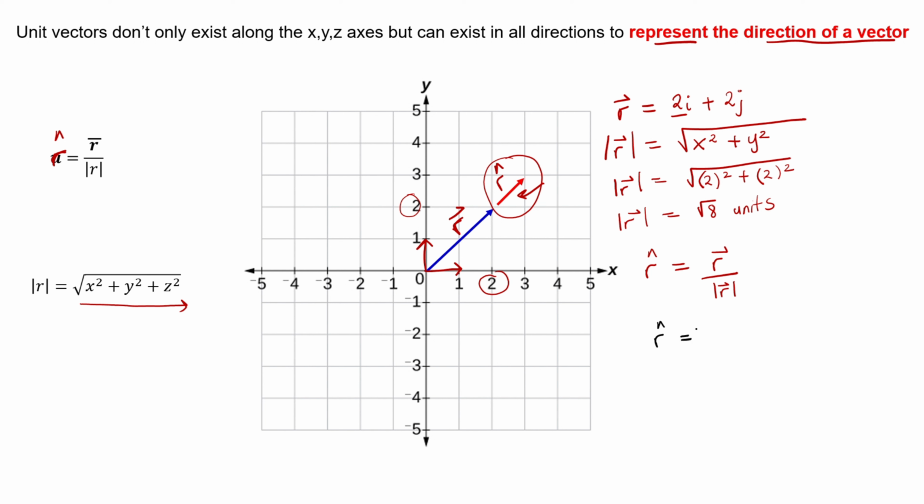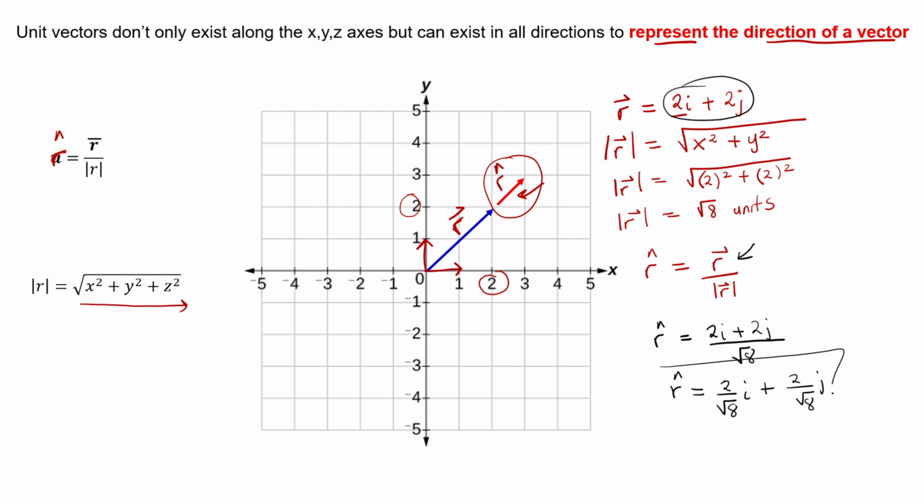Here I'm going to put the vector r, which is given by 2i plus 2j, over the magnitude of r, which is the square root of 8 units. So you can say that the unit vector r cap will be given by 2 over the square root of 8 i plus 2 over the square root of 8 j. So these are the components of the unit vector.